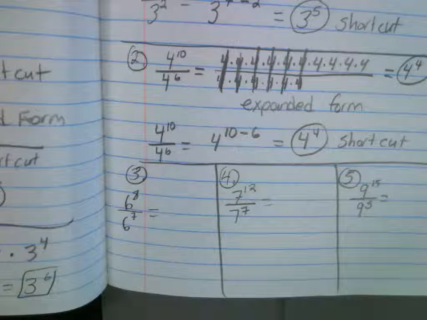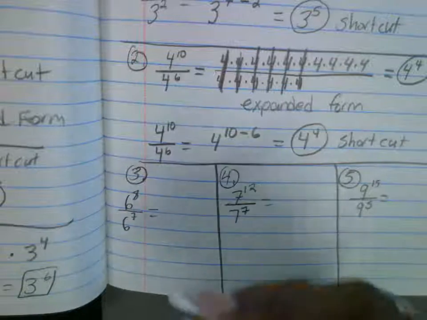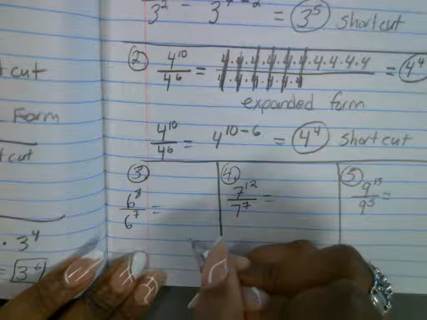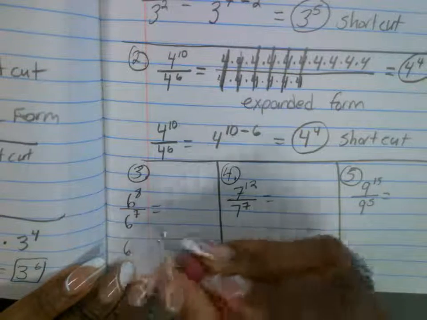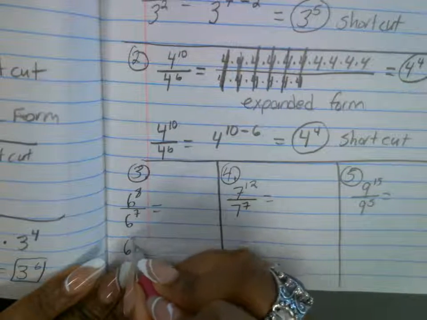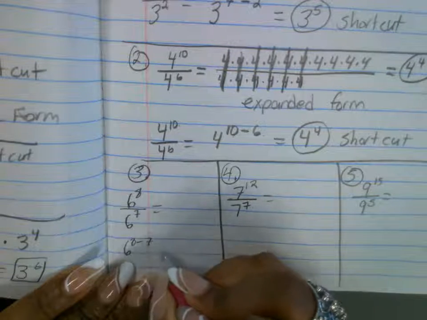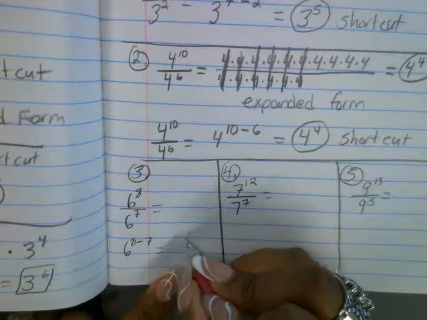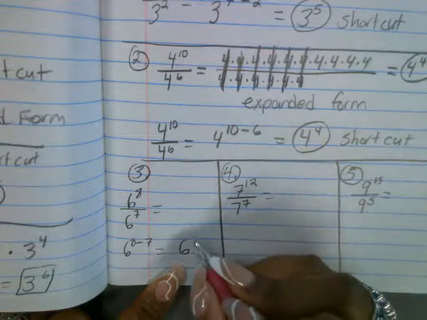All right, anybody want to explain number 3? Great, Hannah. You're so sweet. What did you get? You use the base, so 6 to the power 8 minus 7. Very good. And so what did that give you? 6 to the power of 1 or just 6, okay?